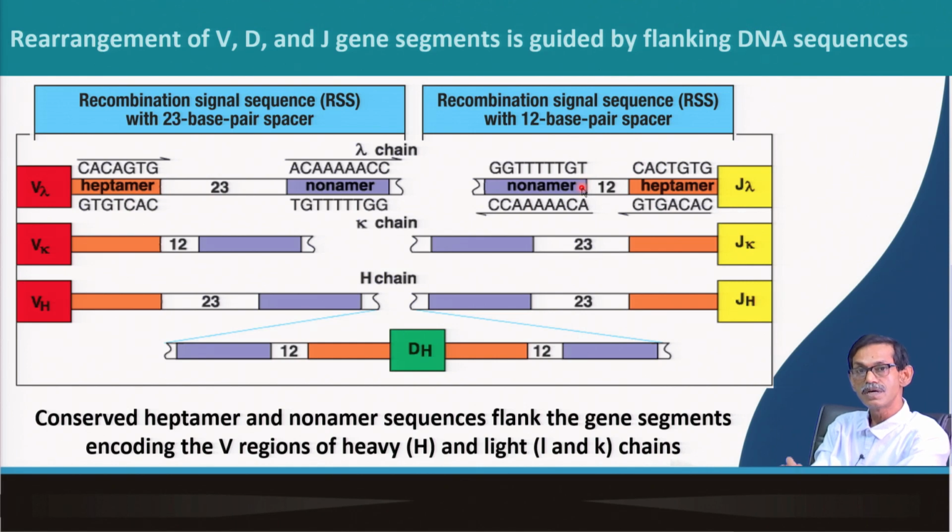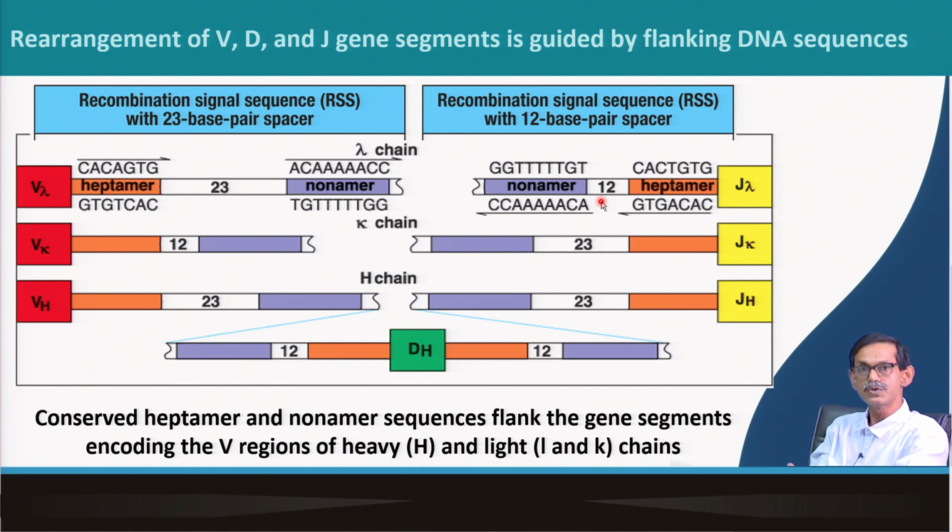This is called the 12-23 rule of recombination, played here. It sounds very simple, but if anyone is interested in how it was discovered or how they figured it out, you can go and find the real research article or paper. It is not that simple, because there were so many experiments to prove this simple one line statement.